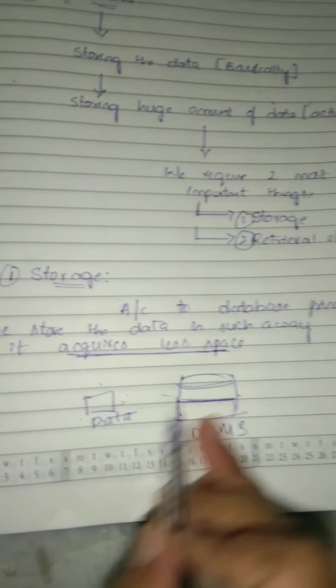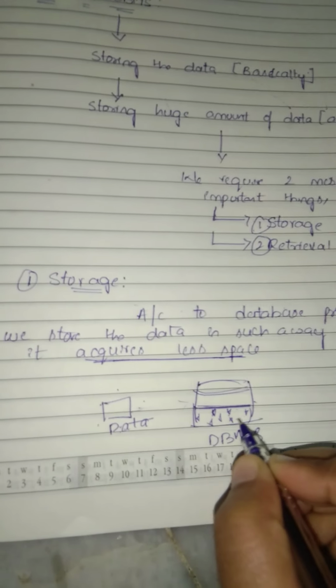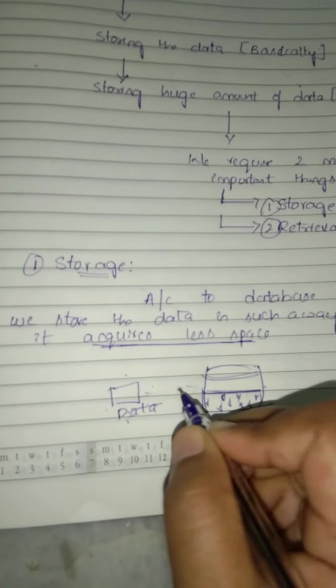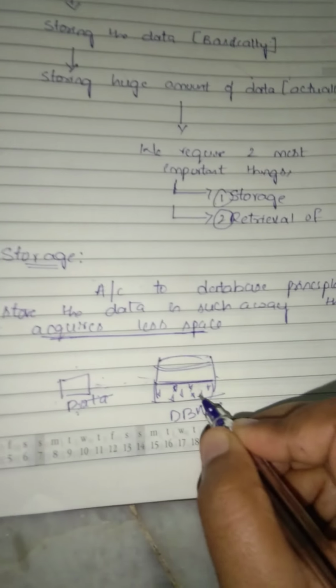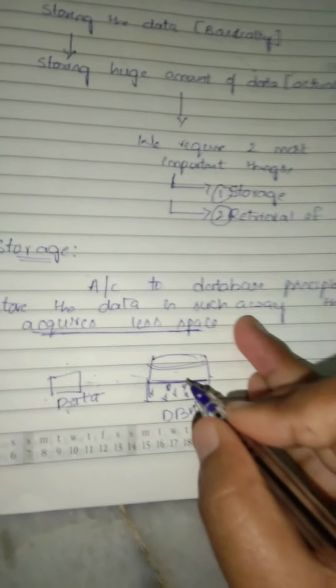I'm talking about the process of storing the data. In DBMS there is already some data. This is the fresh data which we are going to store now, and this is the previous data which is already present in the DBMS.